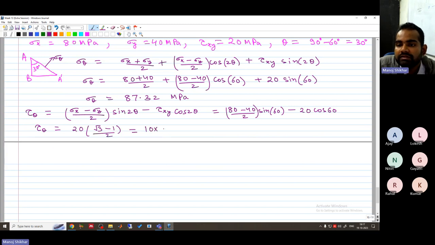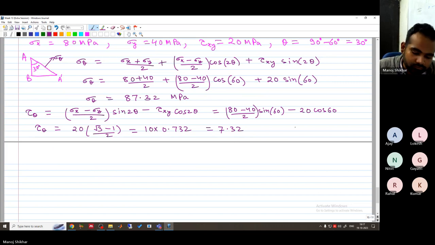So 10 into 0.732, 7.32 MPa in counterclockwise direction.